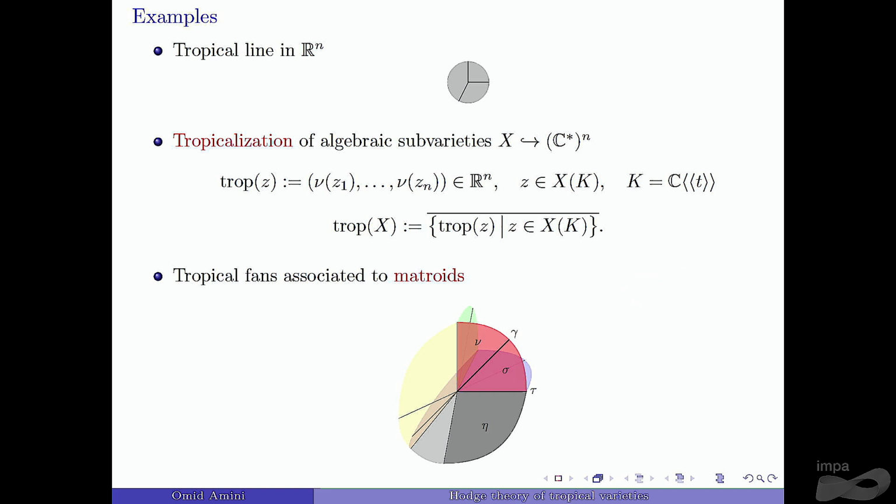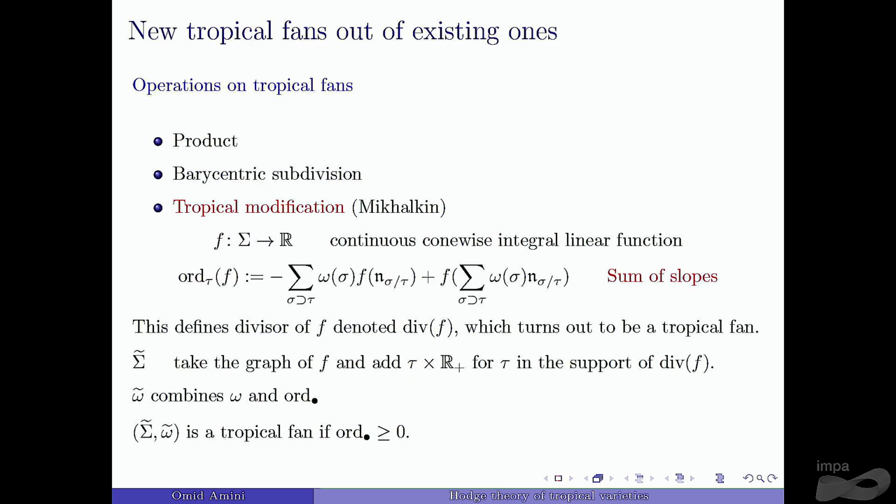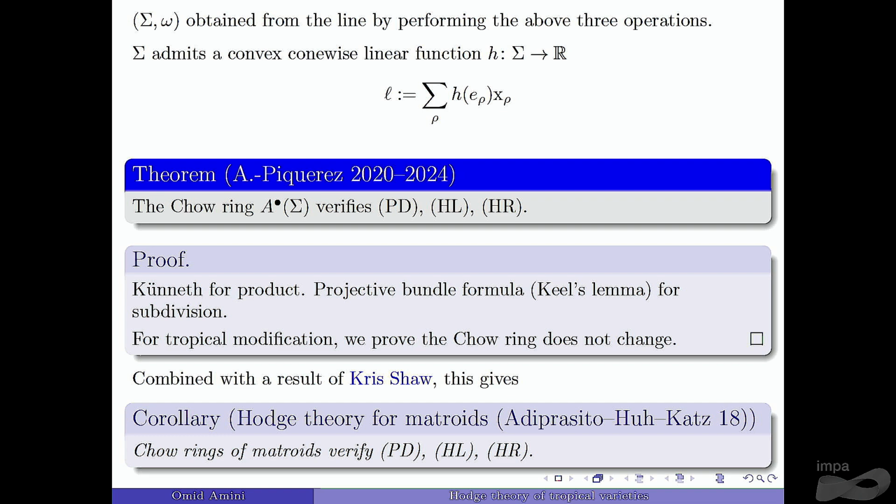So then I would also like to look at the algebraic closure of the Laurent power series. I allow Laurent power series in T to some rational powers, like T to the n divided by 10, n divided by 100. And then you get more and more points in R^n.